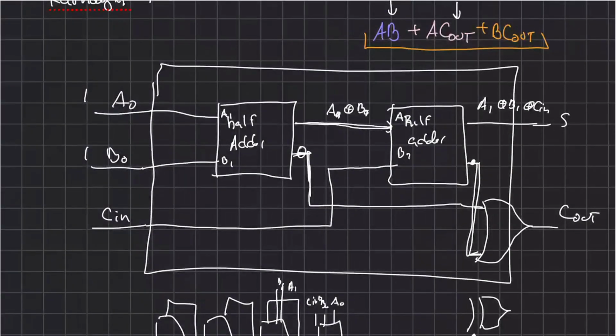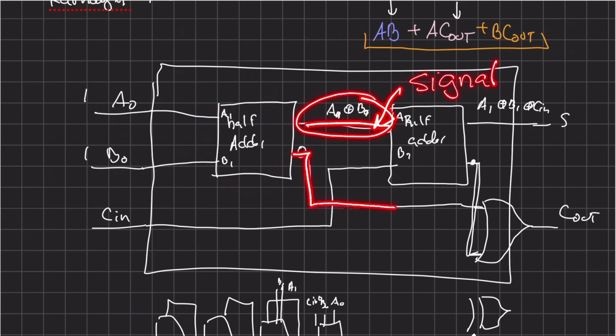I will need to map to this first one A0, B0, and I will need something that will represent the output and make the connection between my first adder and my last adder. This is called a signal. Okay, and I will need a signal over here and a signal over here.